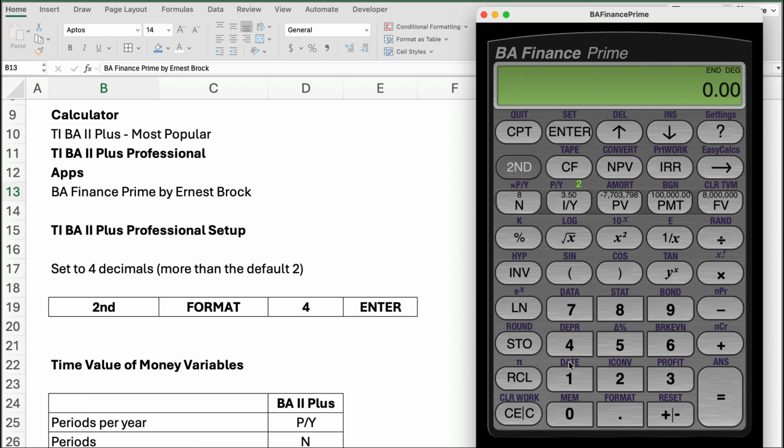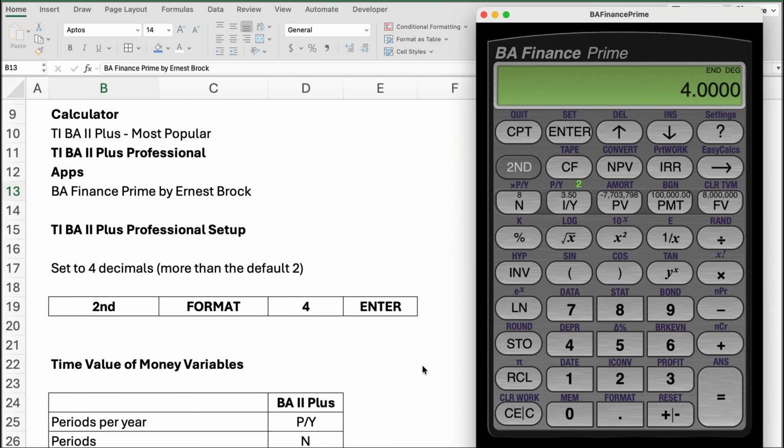So if you had a calculation, 4 times 3.33, then it would be 13.32. Well, if you want to set it to 4 decimals, then you do second function, format. It says DEC, decimal 4, enter, and then we clear out of that. Now it's going to show 4 decimals all the time.